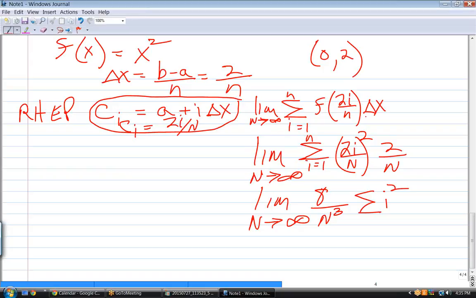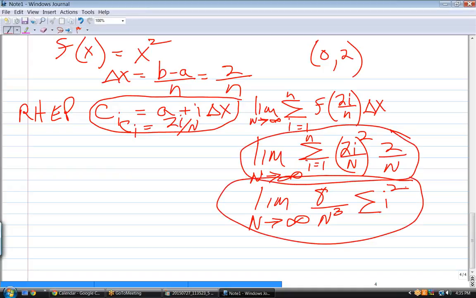Now make sure you see how I get from that to this. Let's see. I can write the intermediate step there if it's helpful.